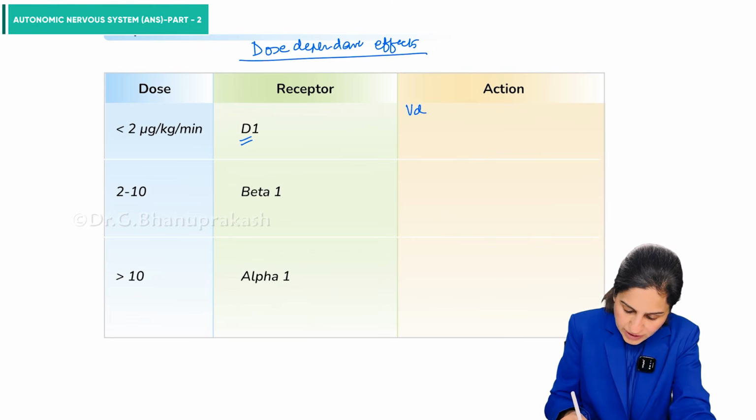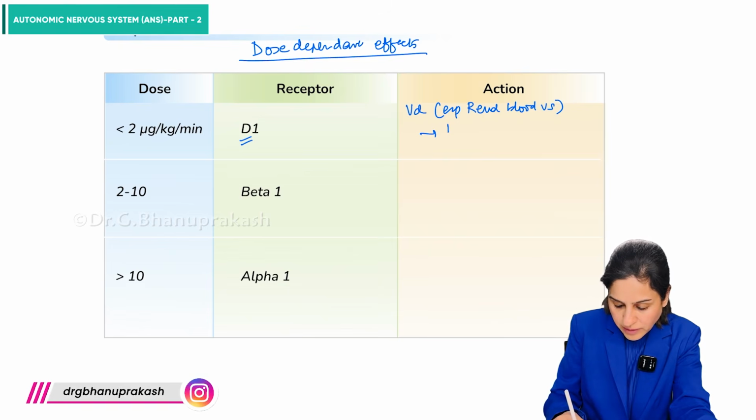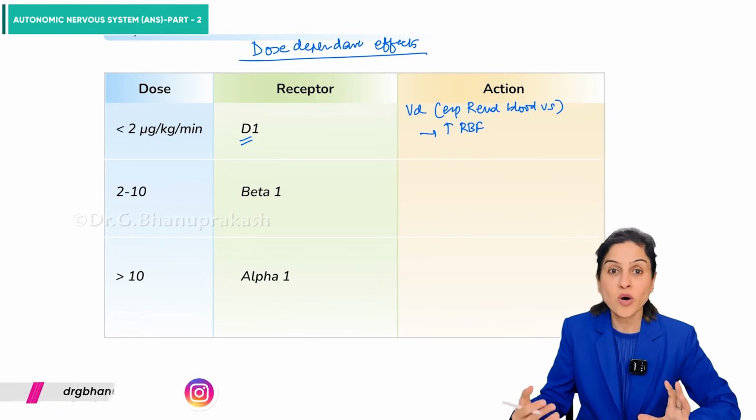So therefore, it will improve the renal blood flow. It can help patients who are oliguric.